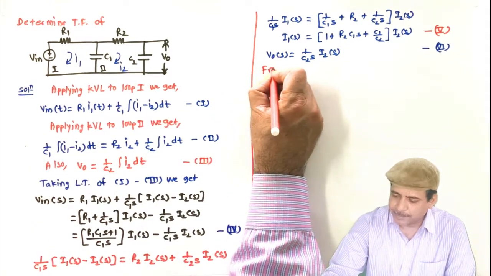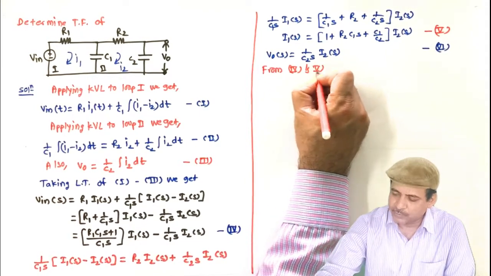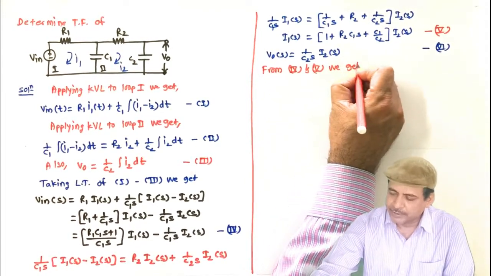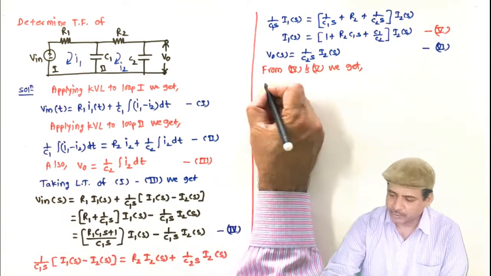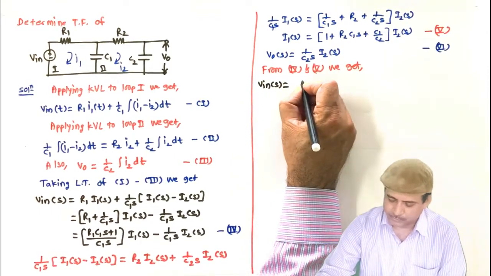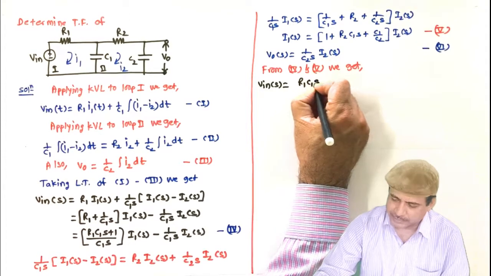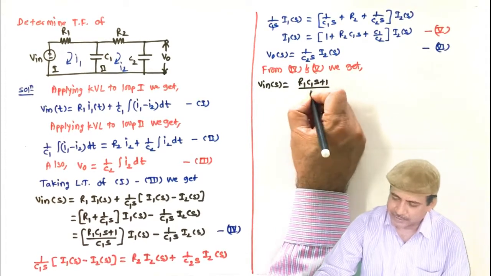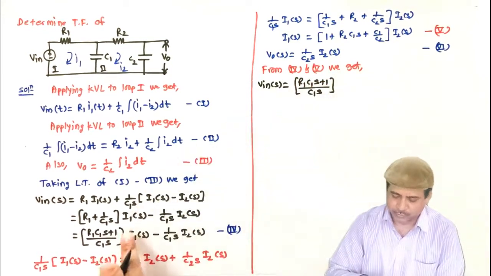So from 4 and 5 we get V in of S equal to R1 C1s plus 1 divided by C1s into I1 of s. But what is I1 of s?